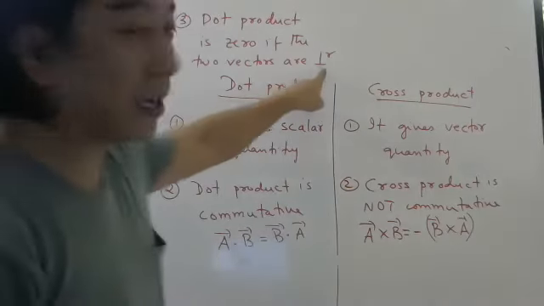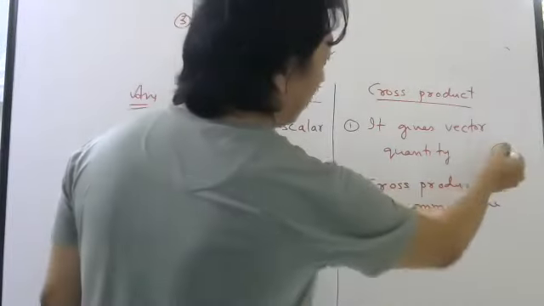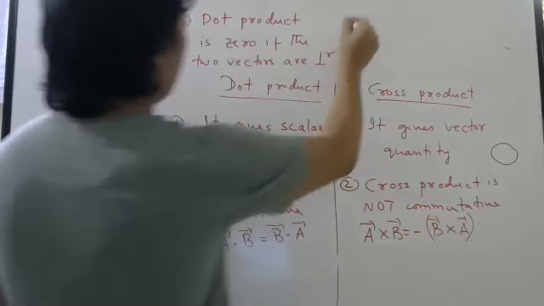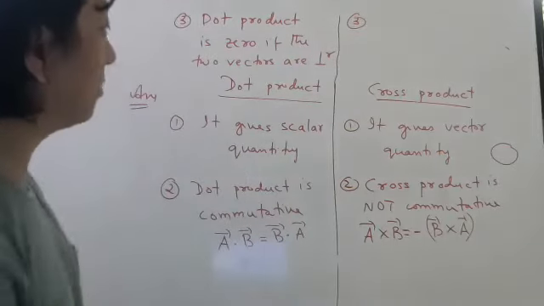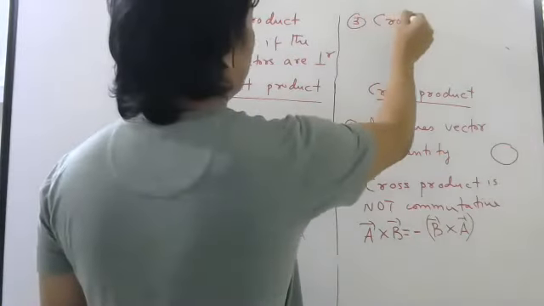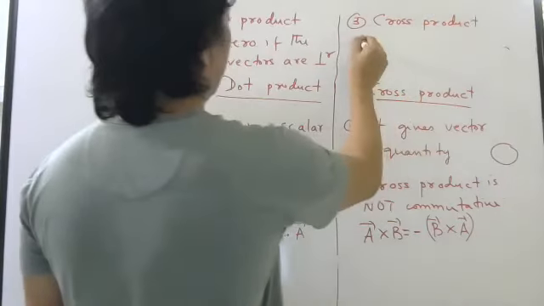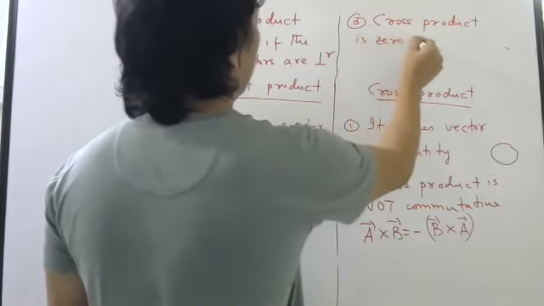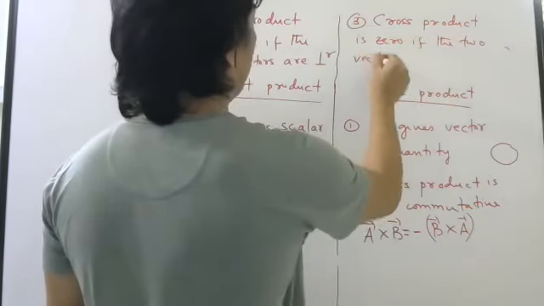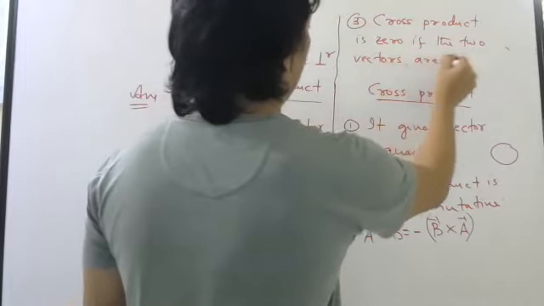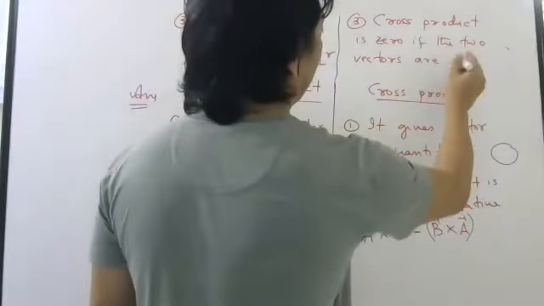In exam, you have to write the spelling. Okay, don't write symbols. Then they will give you this symbol. And third one, here how I should write? Anybody? Cross product is 0 if the two vectors are parallel. Here I have space, repeat the spelling.